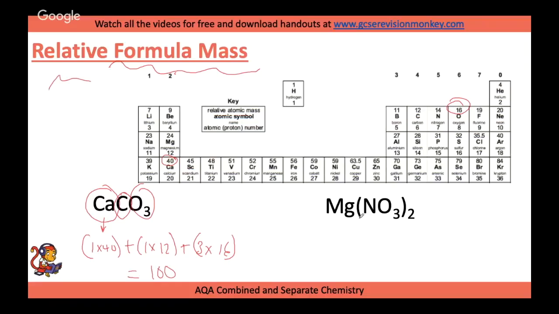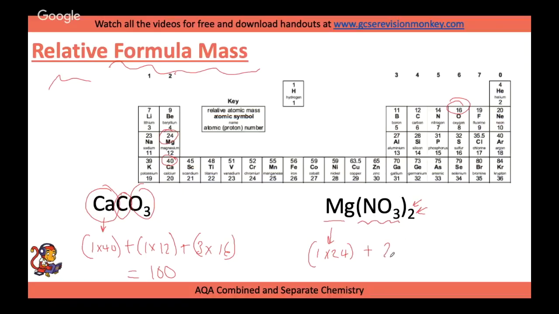For this one, I just wanted to put a difficult one on because if you see anything in brackets, that's multiplied by the number outside the bracket. So magnesium, there's just 1 of those, and I'm just getting the 24 from here. There's just 1 of those. And all of this in the bracket needs to be multiplied by 2.